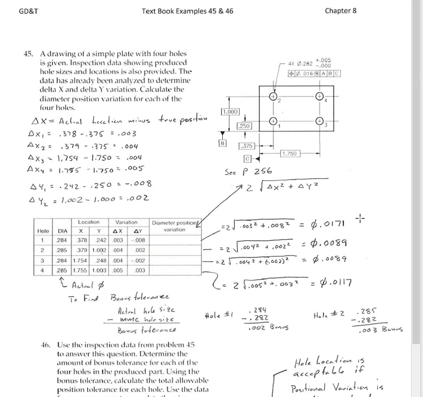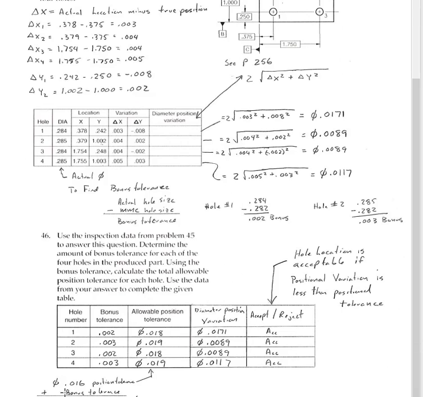That's from our tolerance specification way up here at the top. That's 16 thousandths true position, plus our bonus tolerance will give us our allowable position tolerance. So we started with 16 thousandths MMC, and if we have 2 thousandths bonus tolerance, that gives us 18 thousandths.